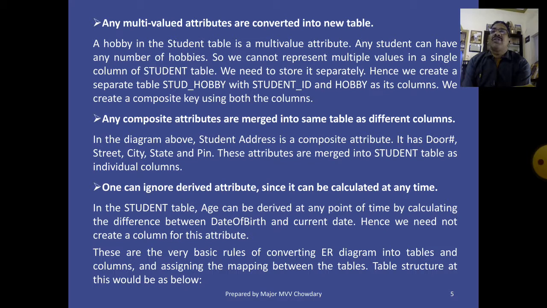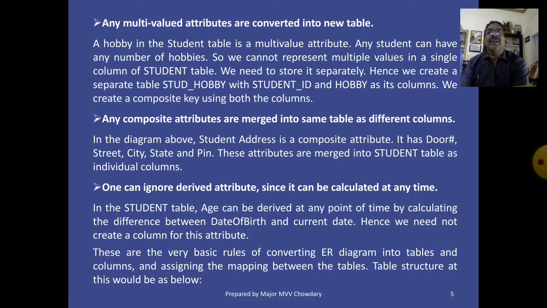That is a composite attribute. One can ignore a derived attribute since it can be calculated at any time. In the student table, age can be derived at any point of time by calculating the difference between date of birth and current date.